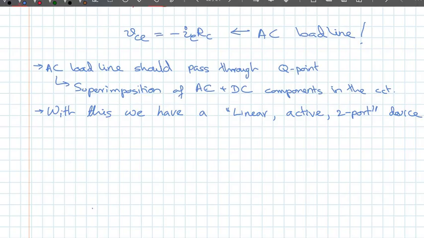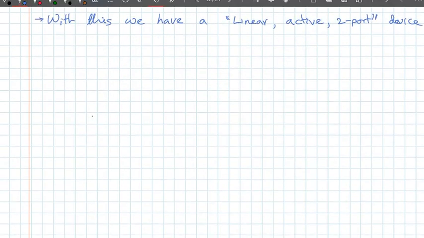Two-port, because there are only two ports, an input port and an output port. The input port is between the emitter and the base. The output port is between the emitter and the collector. Those are the only two ports that we have. Linear because under specific conditions, that is vbe less than 10 millivolts, this behaves like a linear circuit. So what are some of the assumptions? This tells me I can draw this circuit like this.